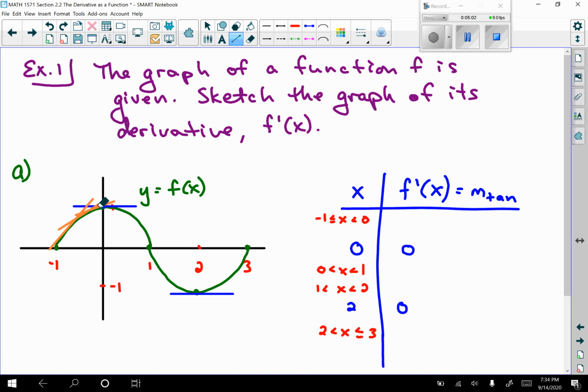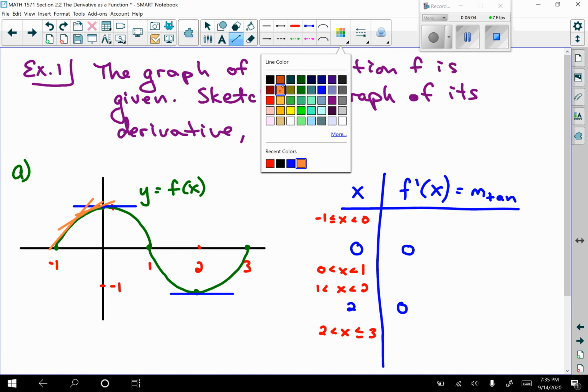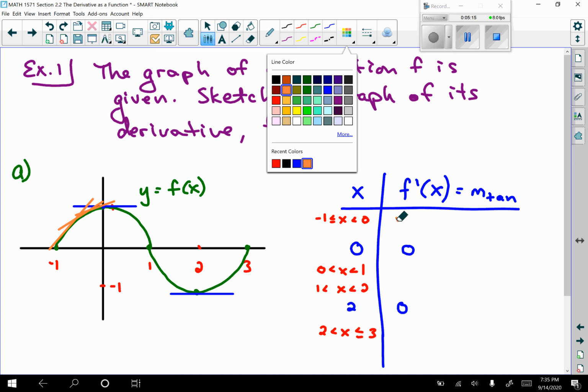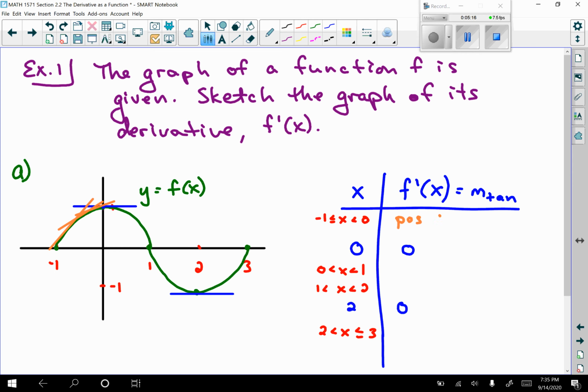So they're positive and actually decreasing. So all of my slopes in between -1 and 0 are positive values. So I'm just going to describe them as positive and decreasing.